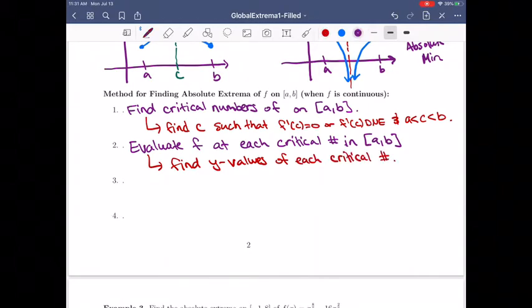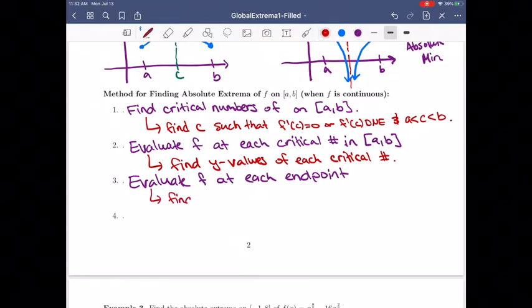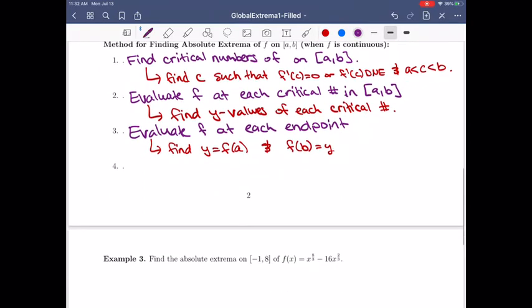Then you're also going to evaluate at the endpoints. So you're going to find f of a and f of b, the y values for those, and then you just compare them.